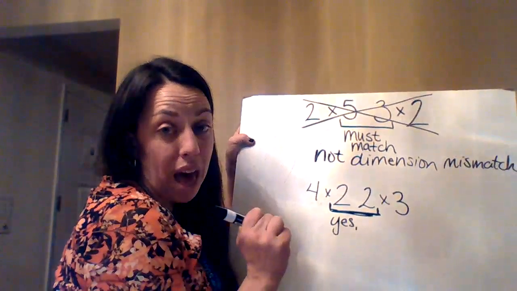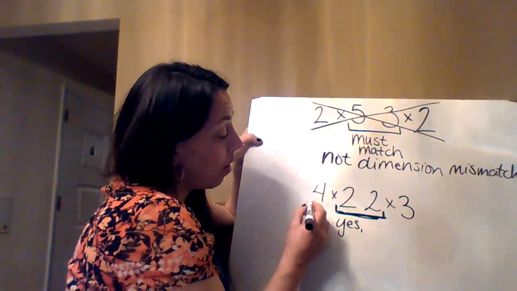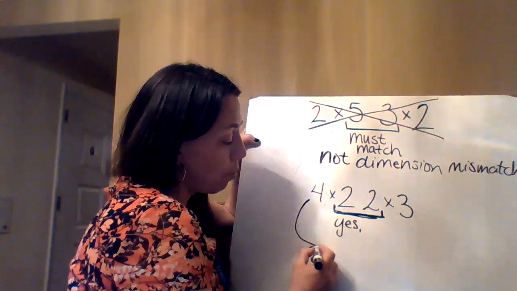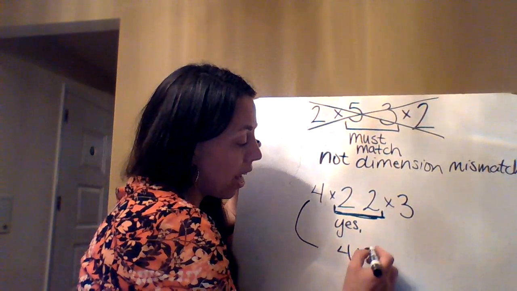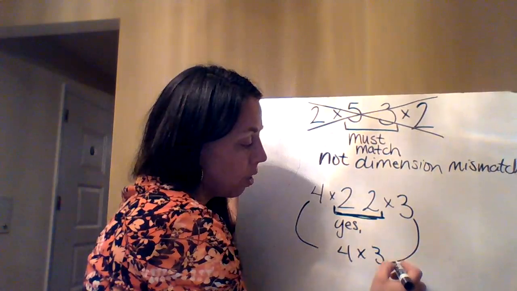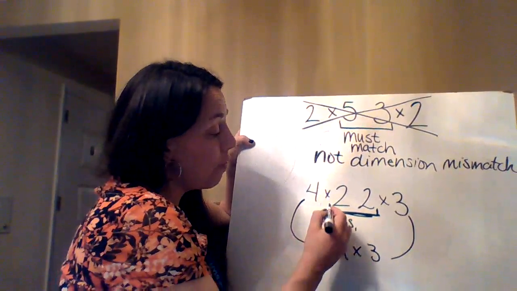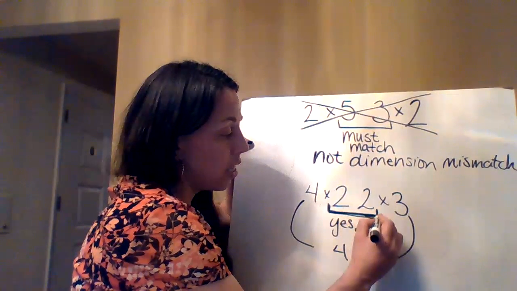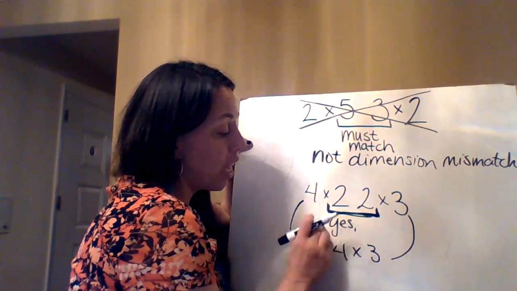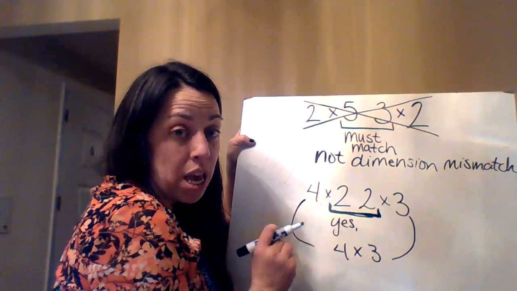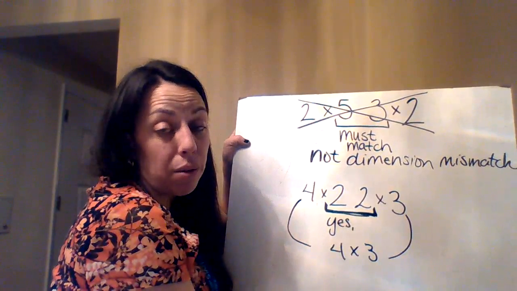Yes, we can do the math. And here's the cool thing. Our answer matrix will be a 4 by 3. So if these two numbers match, since these are both 2's, yes, I can do multiplication, and my answer is going to be a 4 by 3.